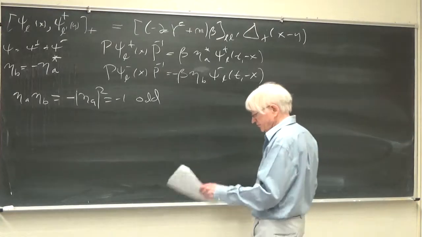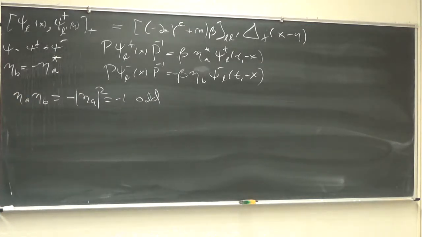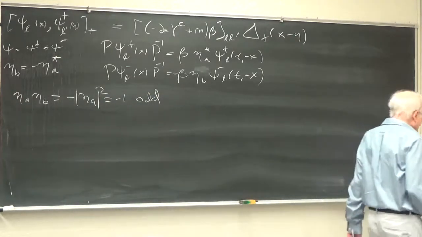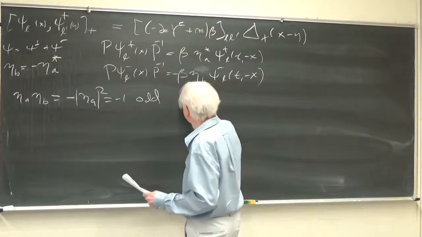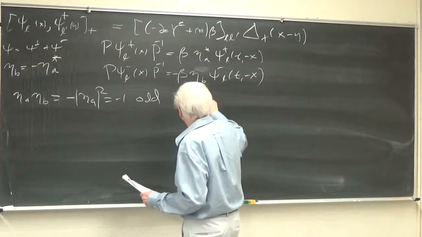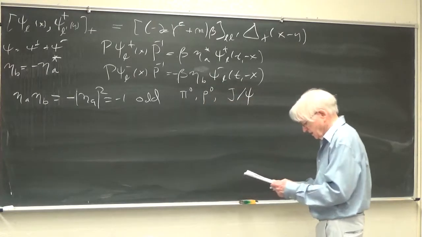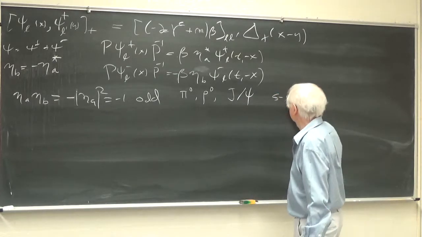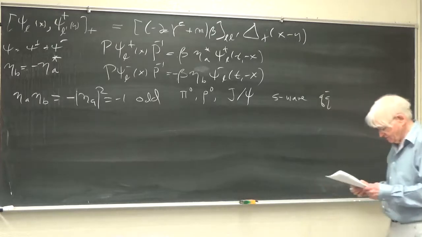And so there are various mesons that are known to have negative parity: pi 0, rho 0, J psi, and these can be interpreted as S wave QQ bar bound states.